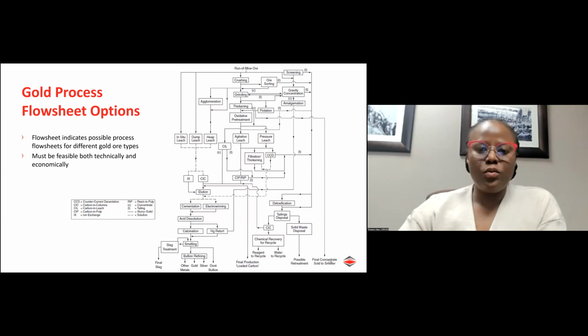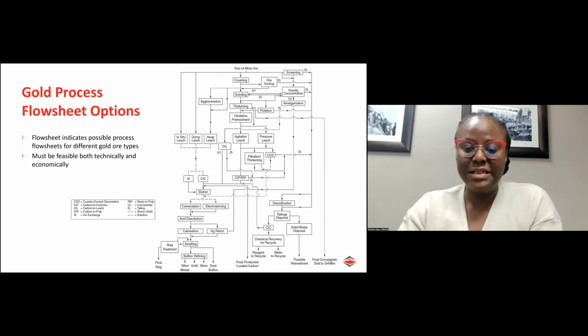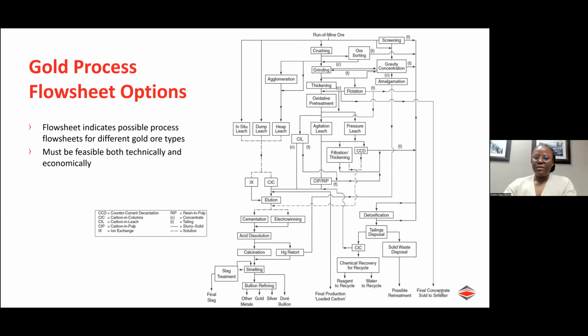Okay, so on the slide on the right, I'm showing a diagram that shows the different types of flow sheet options that may be considered. Unfortunately, I don't think I've got enough time to run through all of them. There are many, and these depend on the type of mineralogy that you are dealing with.